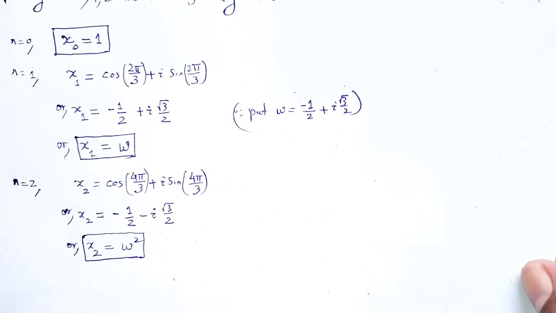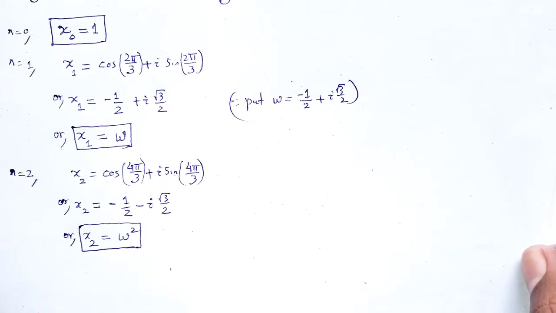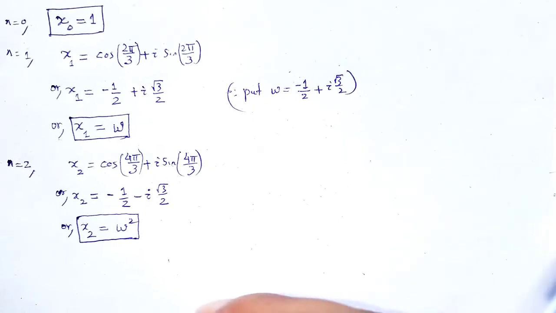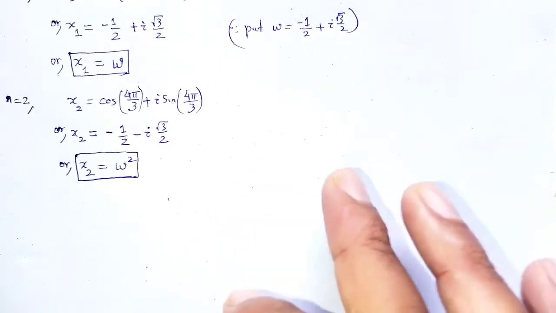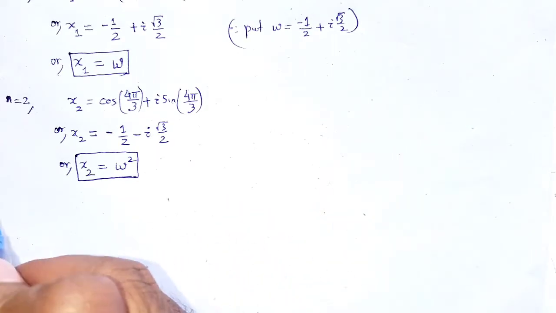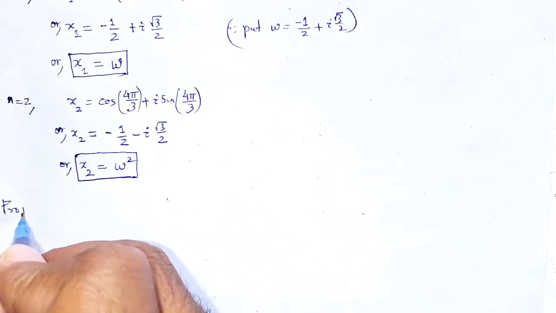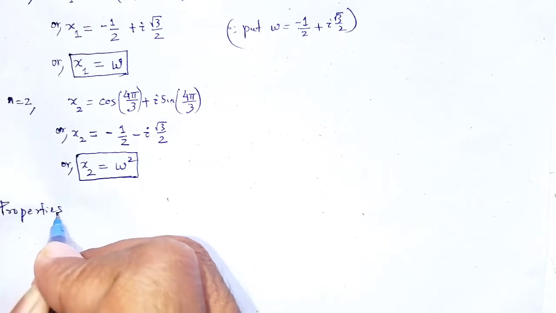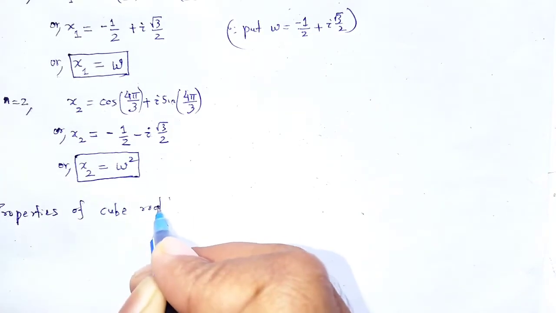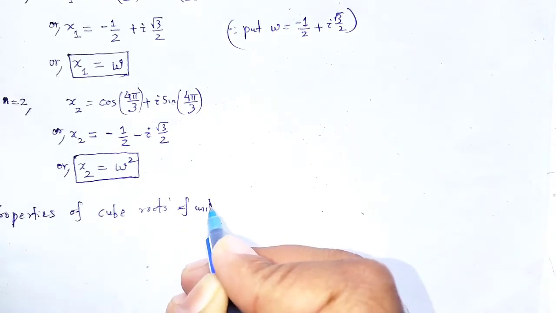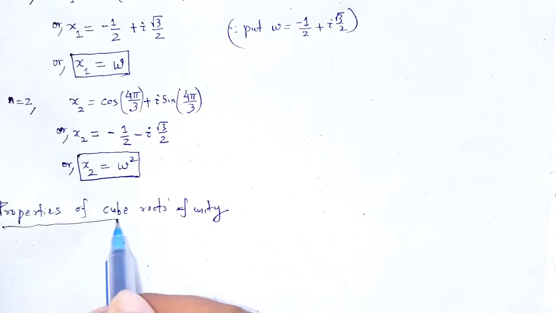It is seen that there are various properties of the cube roots of unity, 1, omega and omega square. These are the important properties.